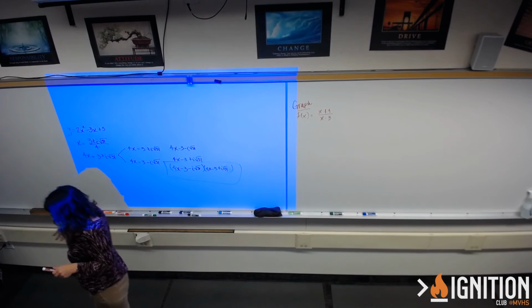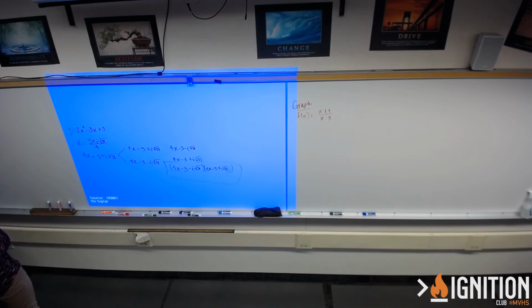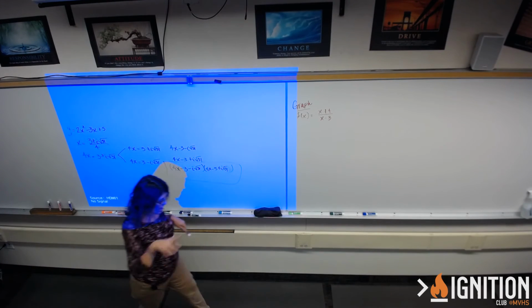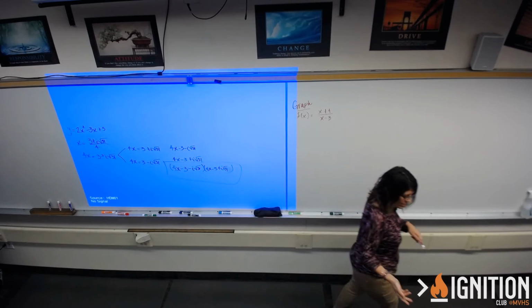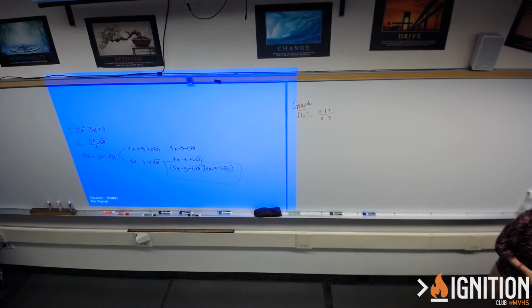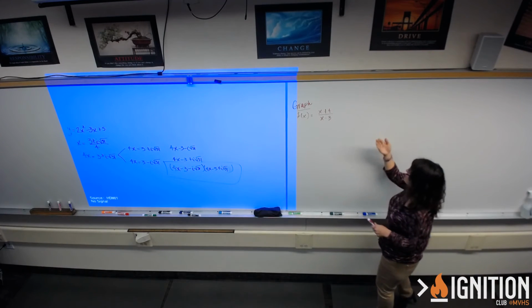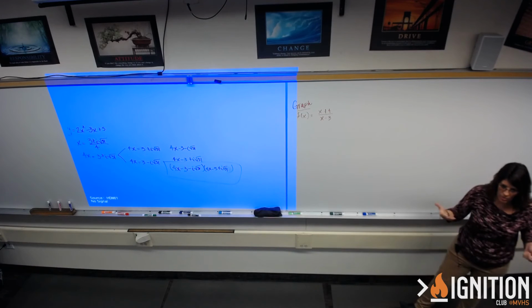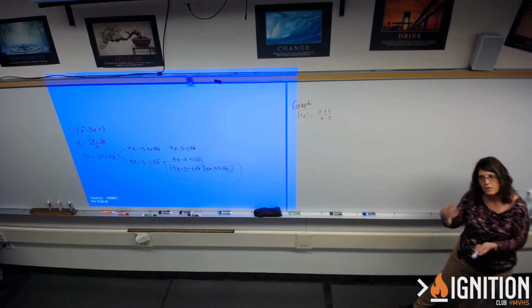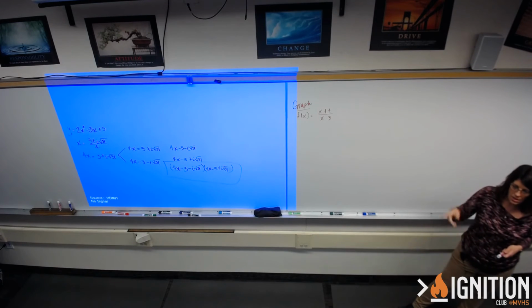So on that gold sheet of paper, we have been talking about rational numbers for quite a while. P over Q, it's all rational. This is rational.